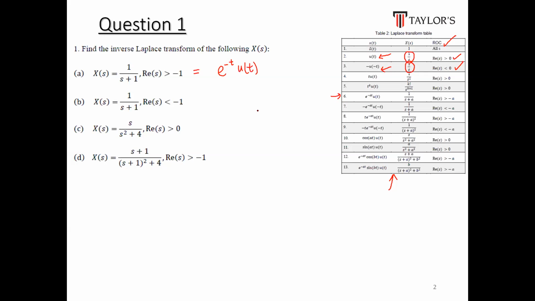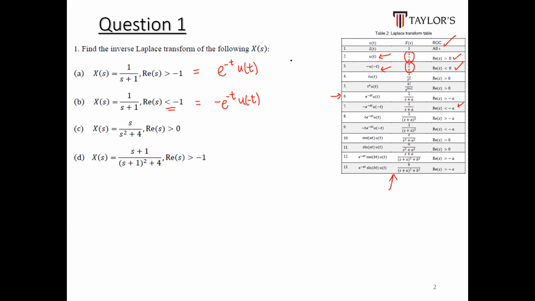And for the second part, B is the other way. You see the region of convergence is less than negative 1. So it becomes this case. Very similar, but it's just a negative sign on e to the negative t, u of negative t.